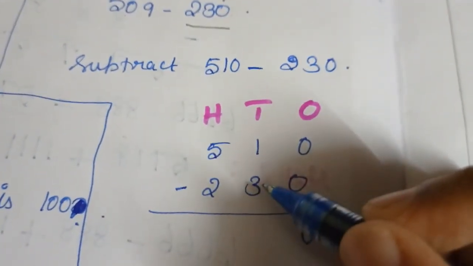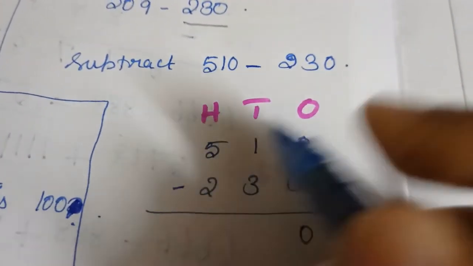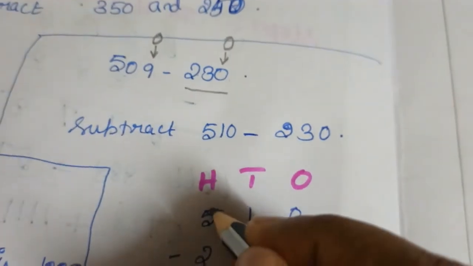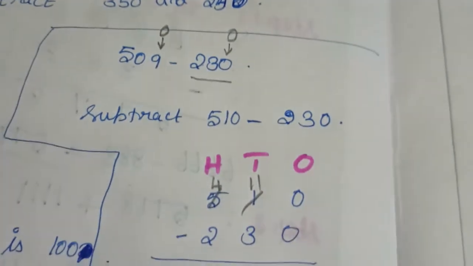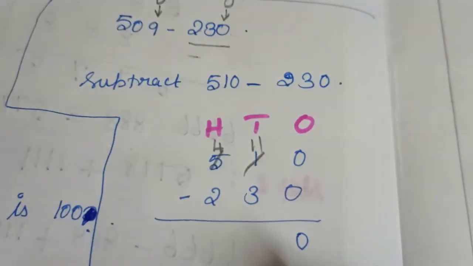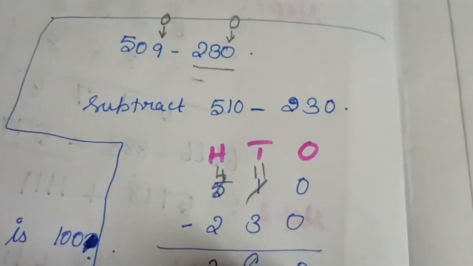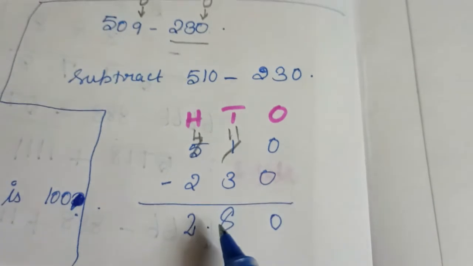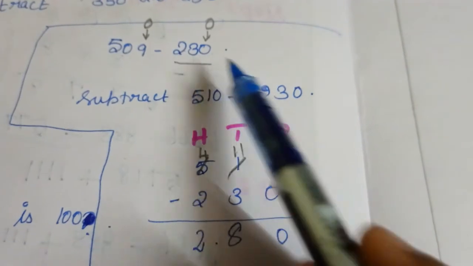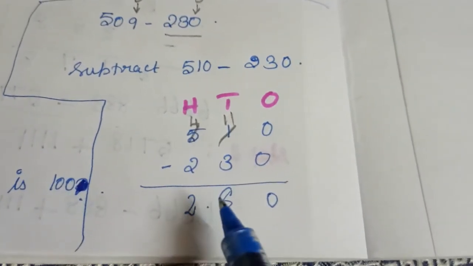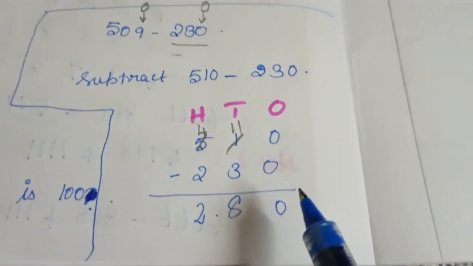Next, we can't subtract 3 from 1, so we have to borrow 1 from the hundreds place. So here we get 4 and here we get 11. So 11 minus 3, 8, and 4 minus 2, 2. So the estimated difference of 509 and 230 is 280.